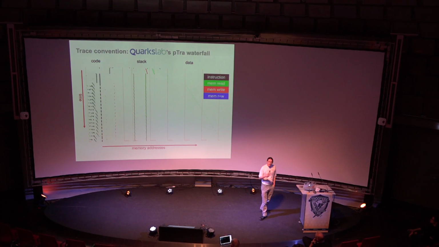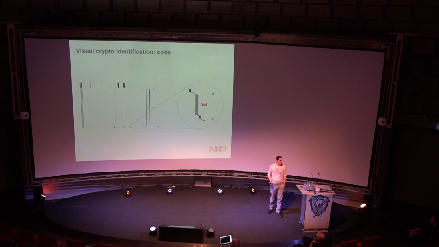So what can we do with this kind of visualization where there is not even an instruction visible directly, just dots? Well, first, when you have a big binary and you execute it, you want to know where the crypto is. And here, just looking at the patterns and the loops, for example, you get this part here. You can recognize 9 times 4 lines, and sometimes it's a bit longer.